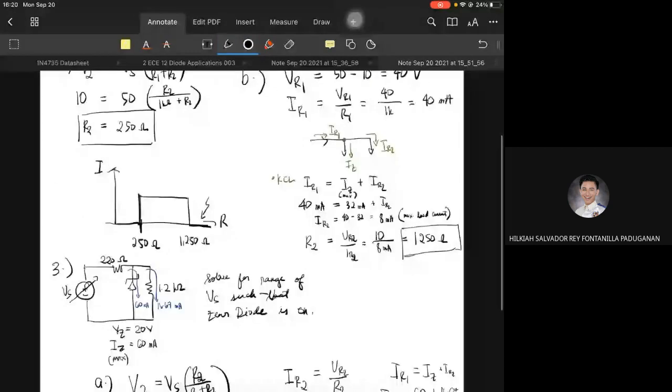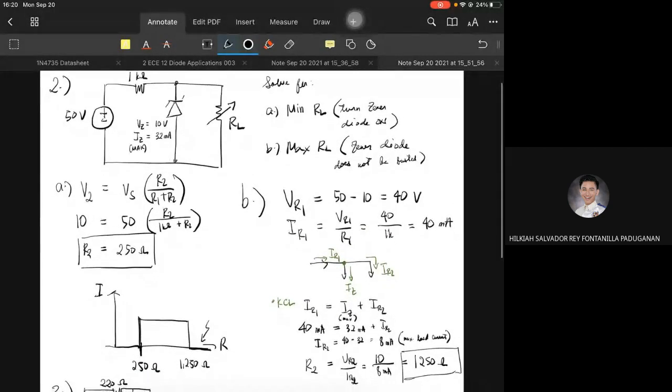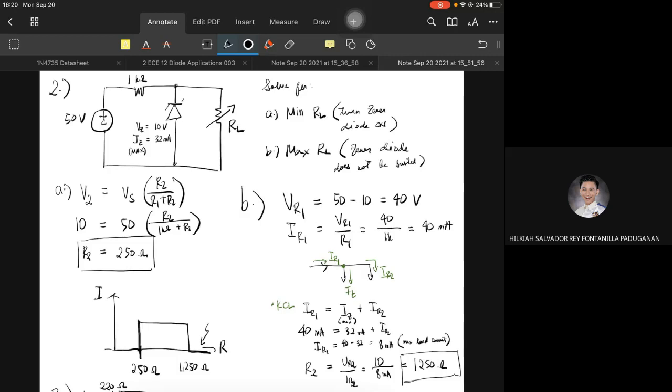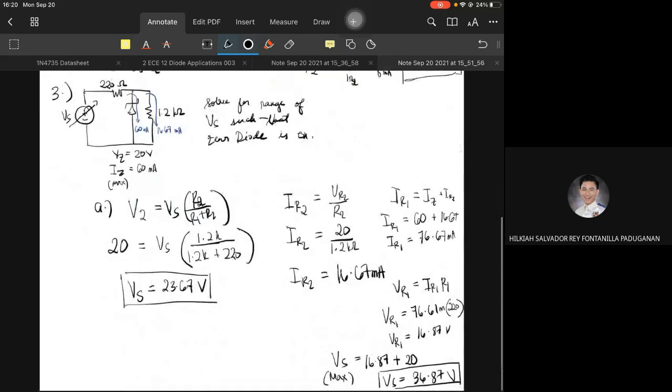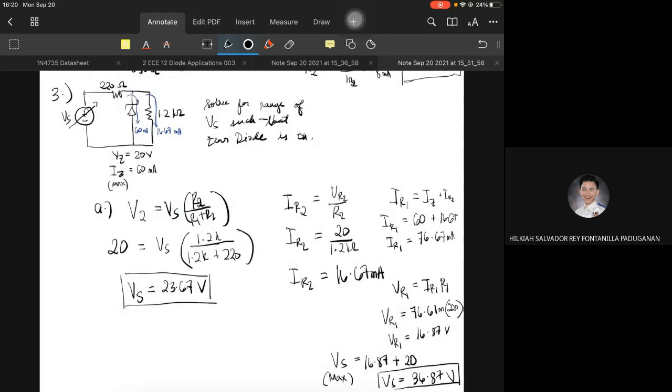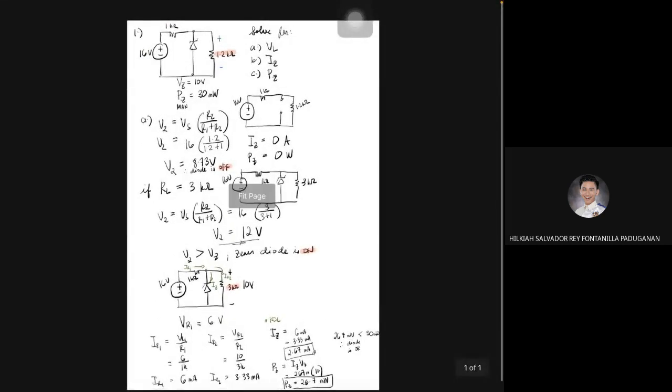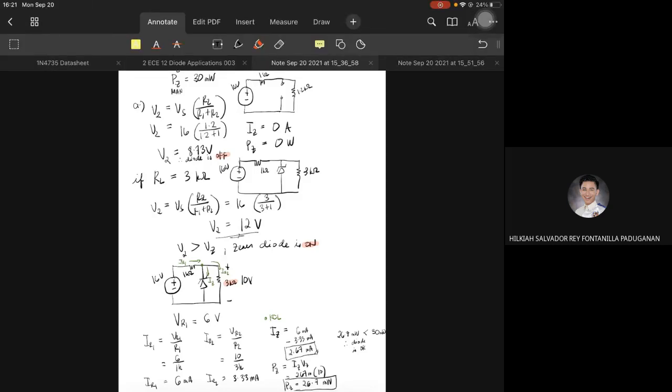Okay, wait first. Take a picture first of number 2. Number 3, okay already? First the one from number 1 earlier. Okay, for the remaining time, try to solve this one.